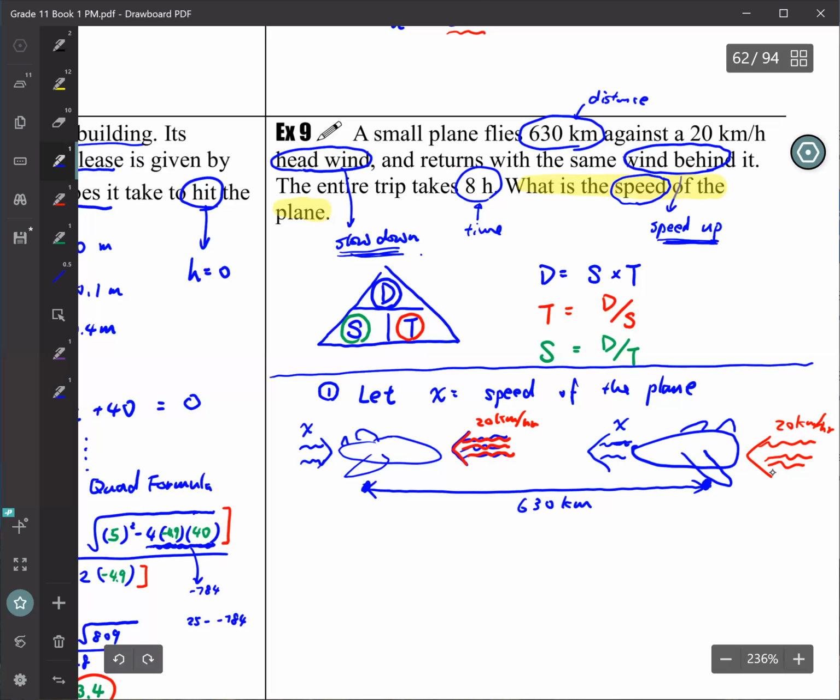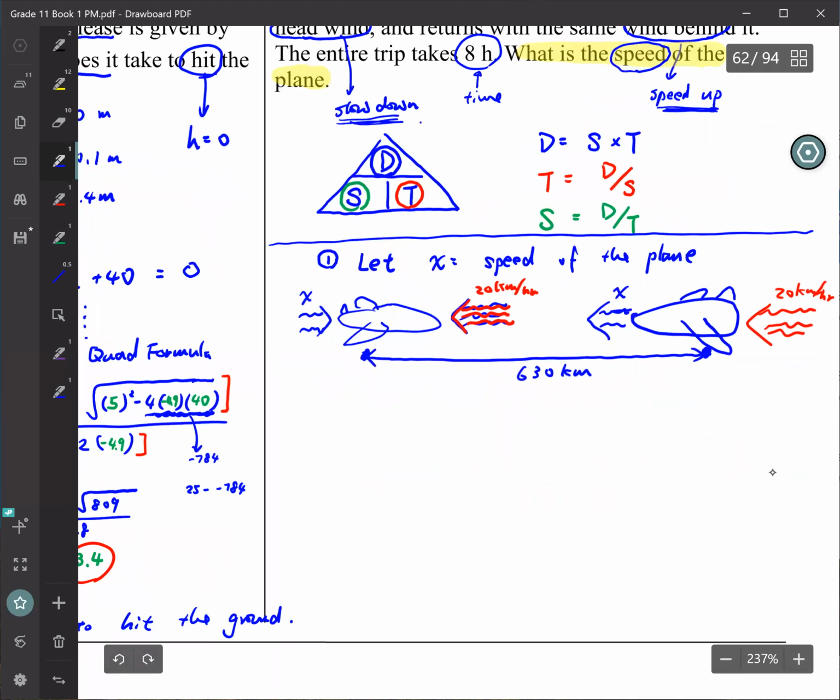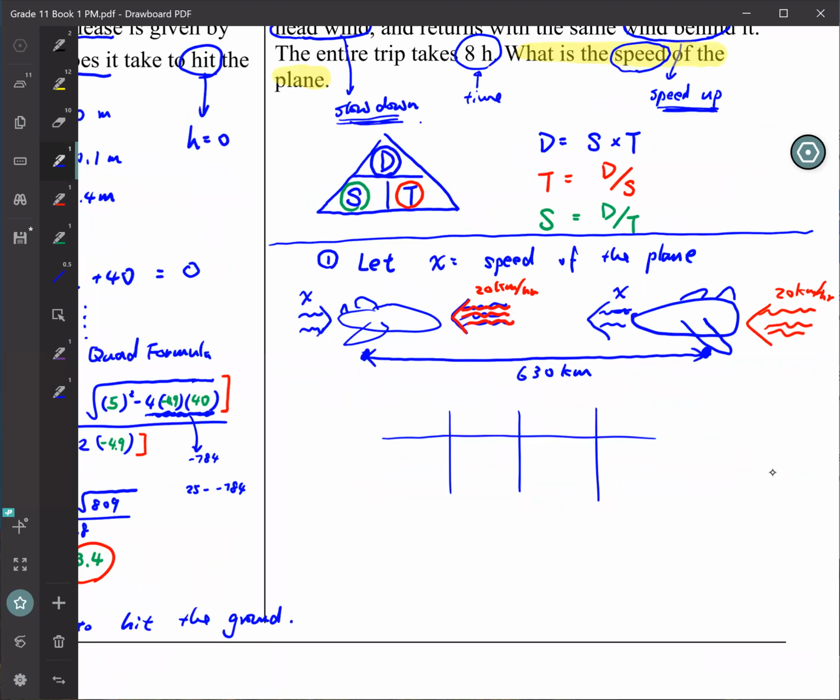So let's put them into a chart now. We are going to use the first relationship, the blue one, distance equals speed times time. So we can write it horizontally: speed, time, and distance. On the left side, you have the going trip. This is the going. And then you have the return.